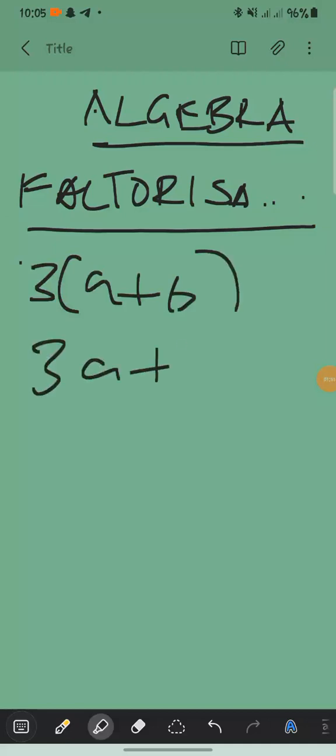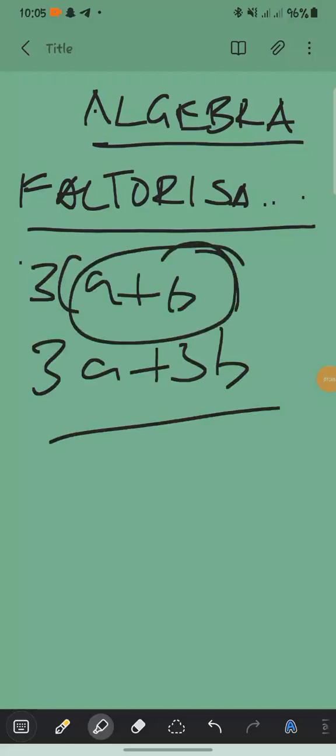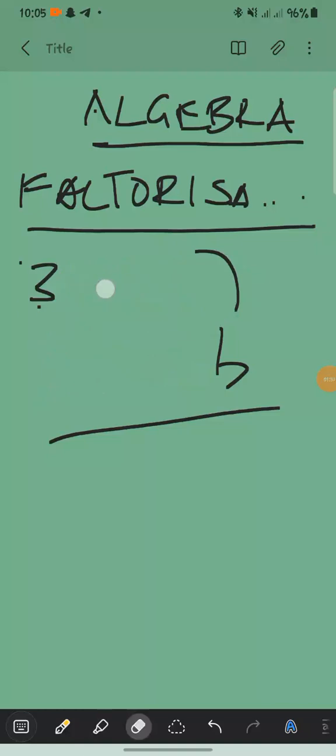We said that it is just a reverse of what? Expansion. Since in expansion, we've got something like 3 times a plus b. This one can be multiplied like this, the 3 can multiply with everything inside the brackets. 3 times a is 3a, 3 times b is given as what? 3b. So this is just a recap of what we are doing.